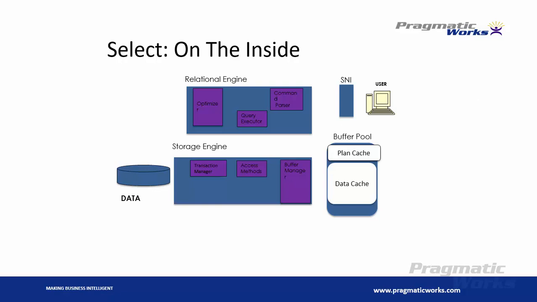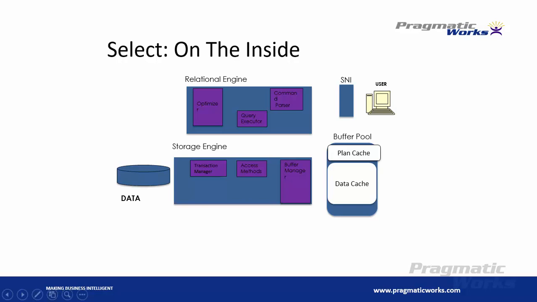At the core of SQL Server, we have two engines running inside SQL Server. We have our relational engine, also known as the optimizer engine, and the storage engine, also known as the execution engine. These two parts investigate and execute our query.